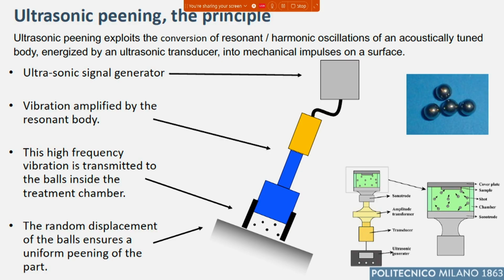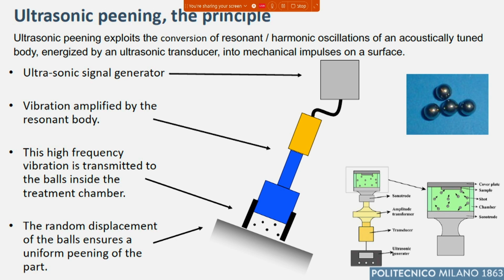Here there is the chamber, you see. We have the ultrasonic signal generator. The vibration is amplified here by means of a resonant body, and the high frequency vibration is then transferred by the sonotrode to the shot, and here is the material to be treated.